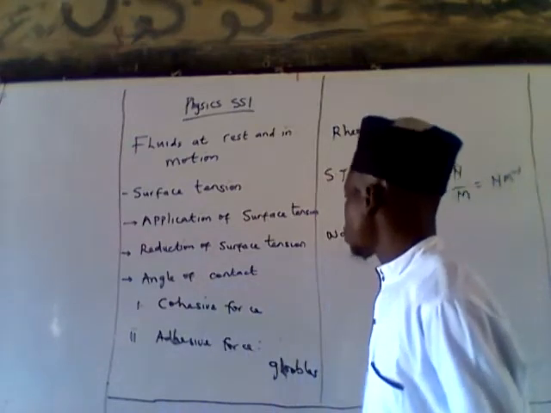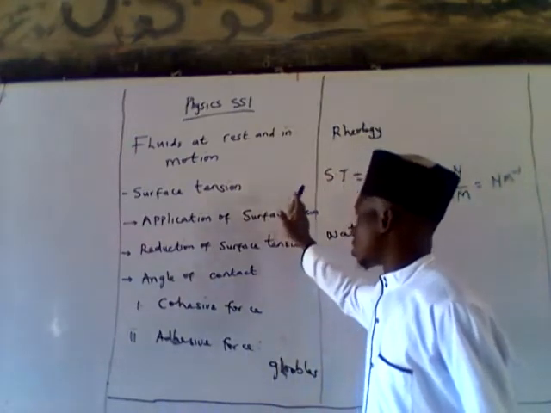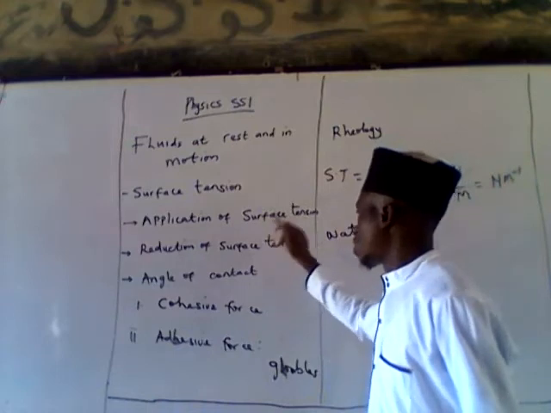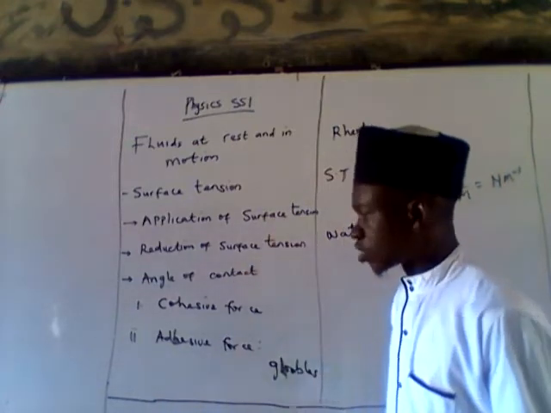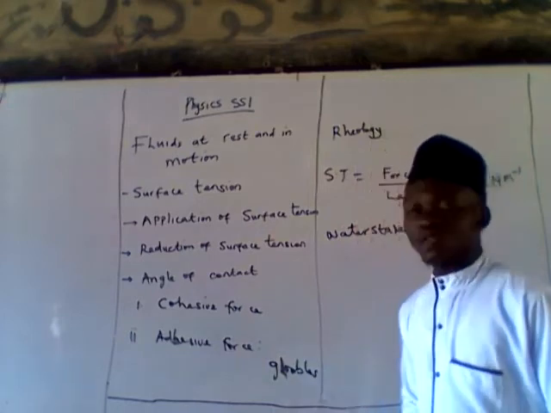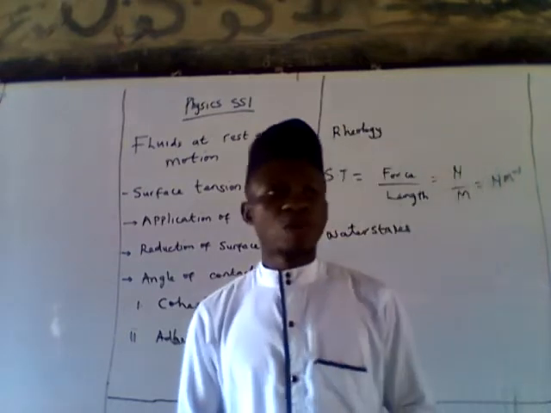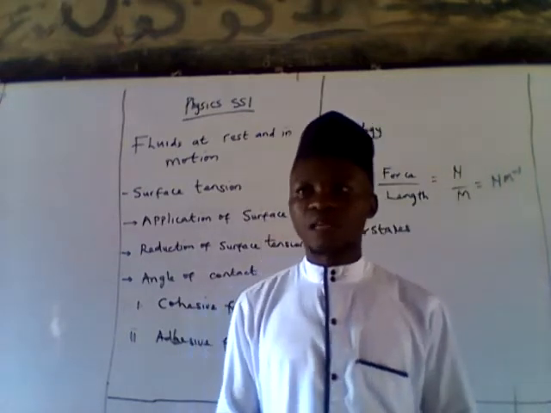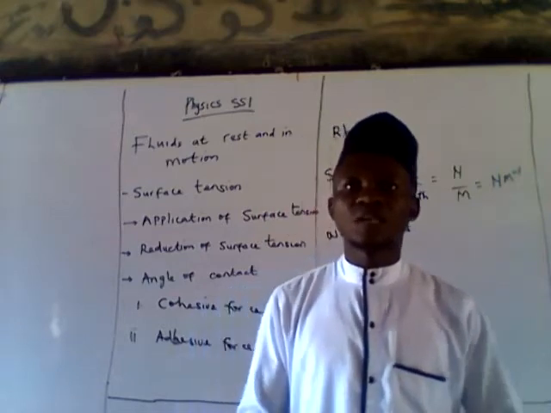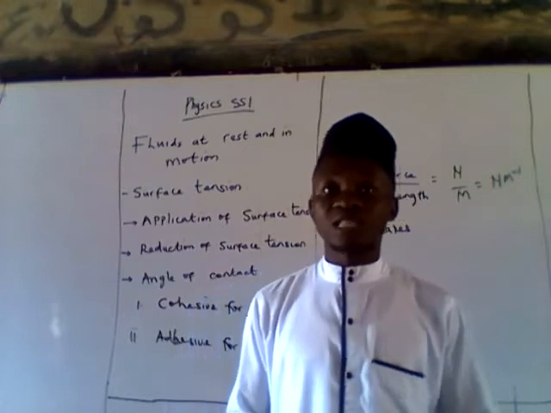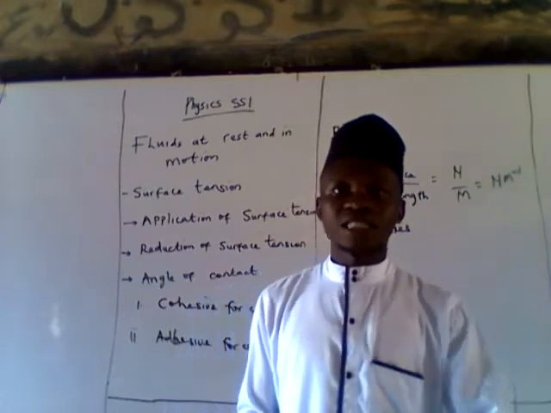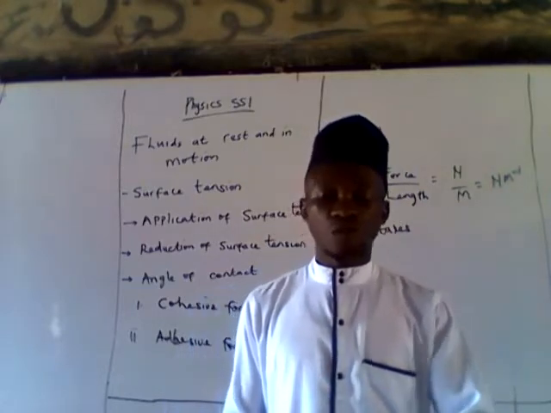Now, we have talked about surface tension, its application and reduction. Now, angle of contact. What do we mean by angle of contact? If you use a plate where the soup contains much oil, and you want to wash that plate, it is going to be more challenging. You have to add more detergent before it can be properly washed, right?